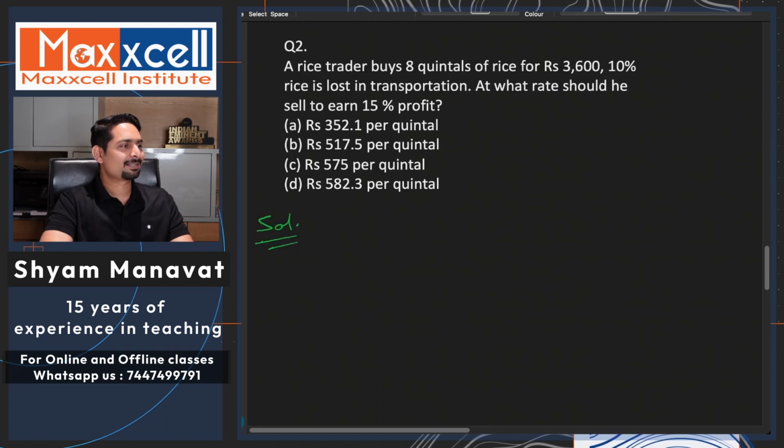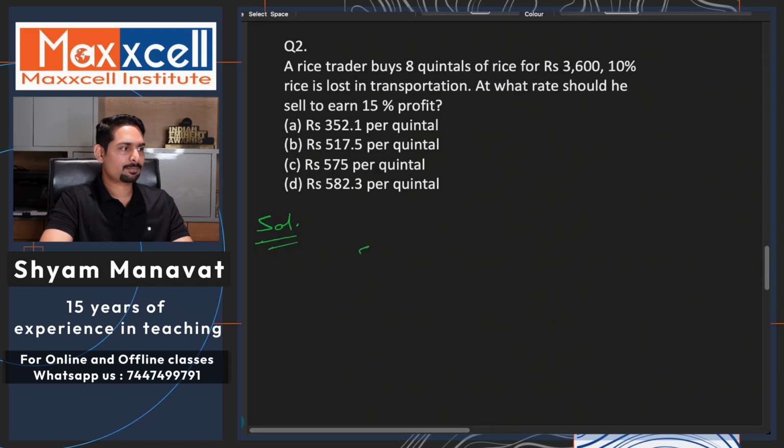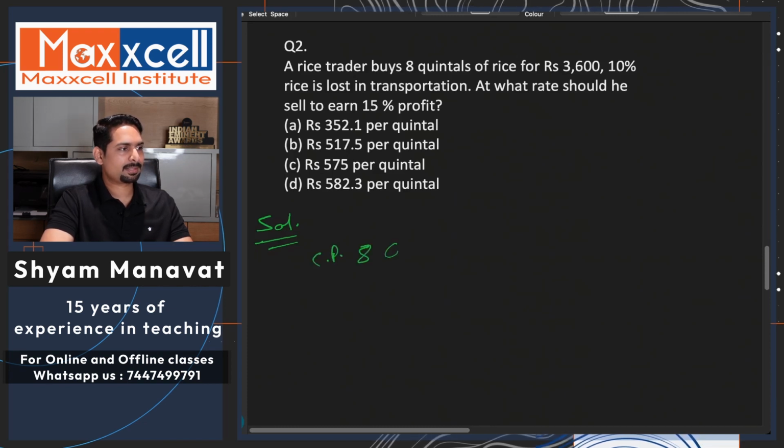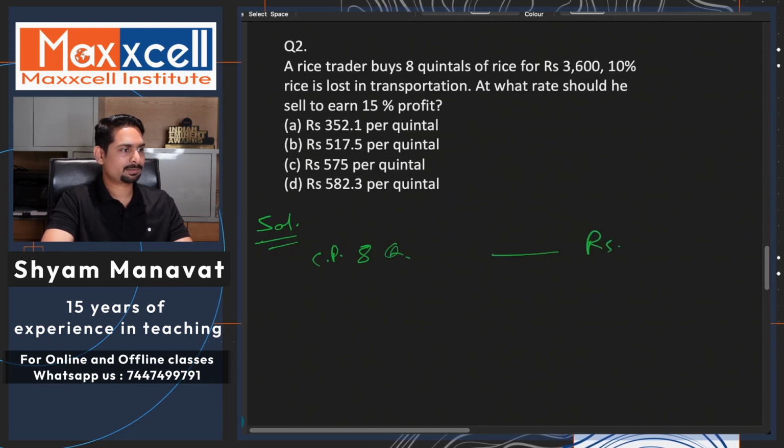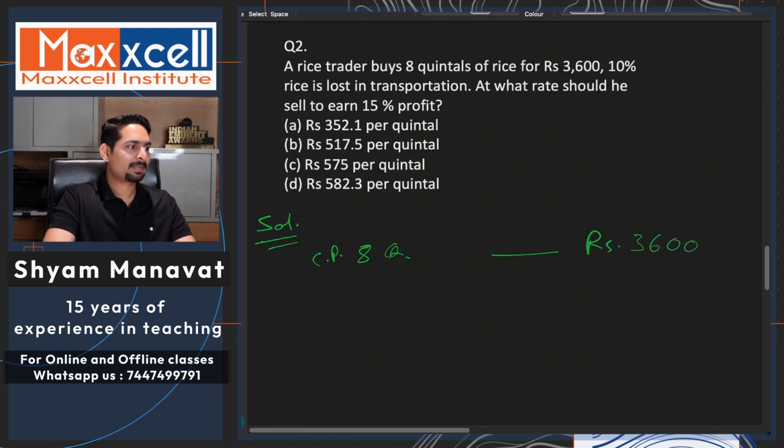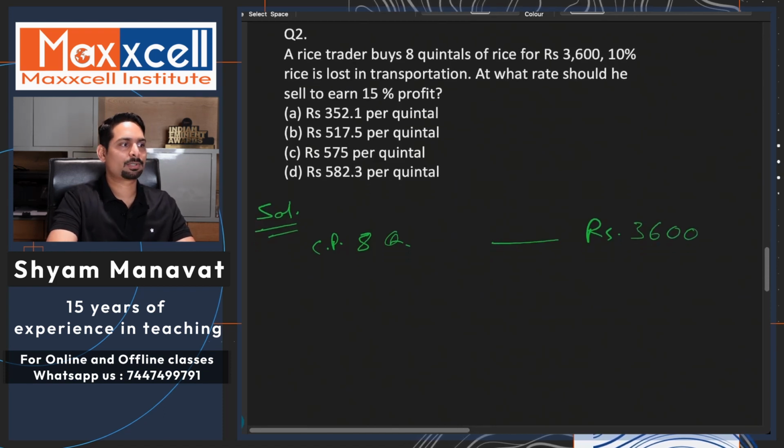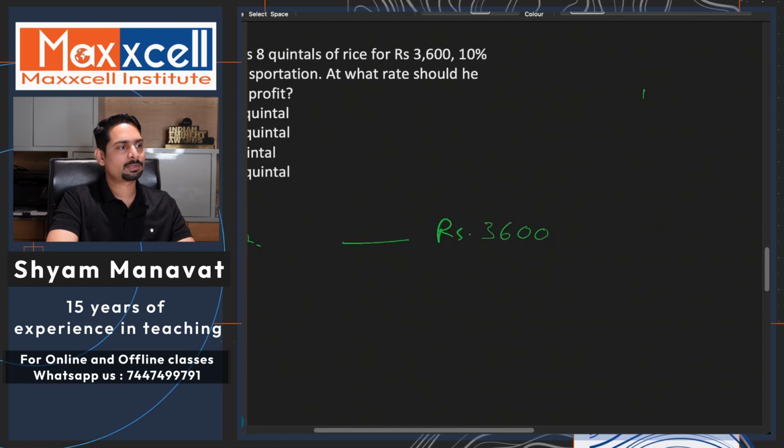So for 8 quintals of quantity, the cost price is 3,600 rupees in total. If 10% is lost, what is 10% of 8? 0.8, right?